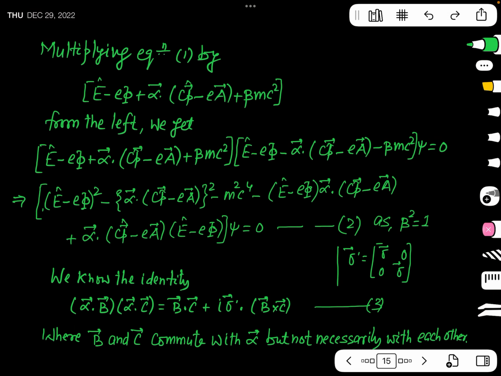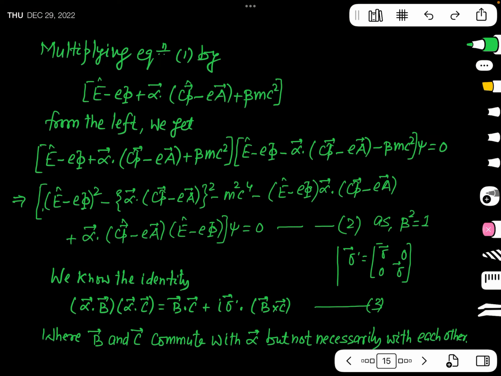Now, to get the idea of the magnetic moment associated with the Dirac particle, which is due to the spin angular momentum of the particle, we have a lot of algebra, a lot of calculation, but when you watch the video seriously, step by step, everything will be clear.